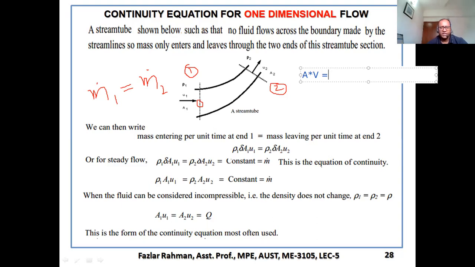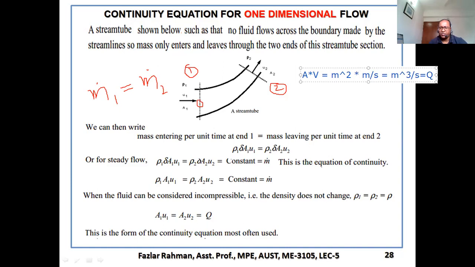The unit of area is meter square, and the unit of velocity is meter per second. So finally, you get meter cube per second. That is called the volume flow rate, or sometimes only flow rate, and we express it by Q.